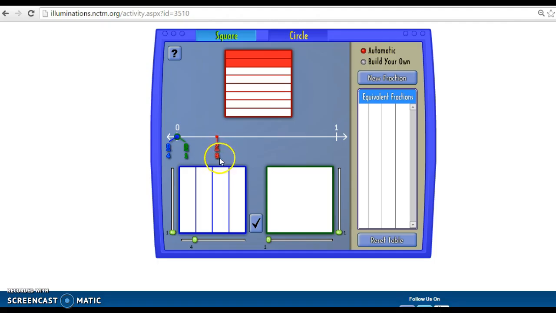A factor. That means I could use either multiplication or the inverse operation of multiplication, which is division, to get an equivalent fraction. So if I divide the number 8 by 2, it will give me 4. That means I need to divide the number 2 by 2 as well. The same exact number. I'm not changing the fraction value. I'm just changing the way it looks. 2 divided by 2 is 1.